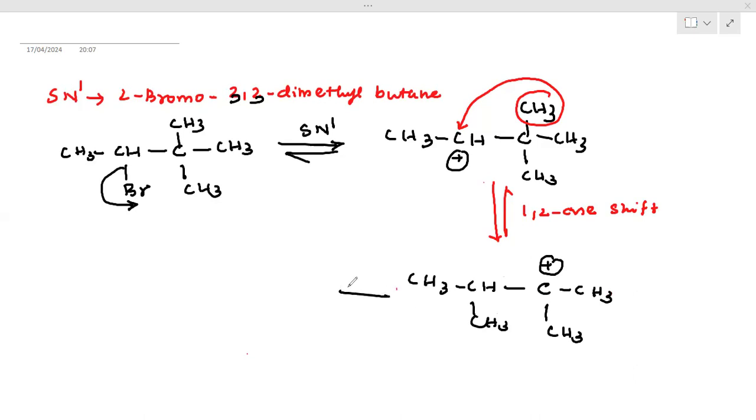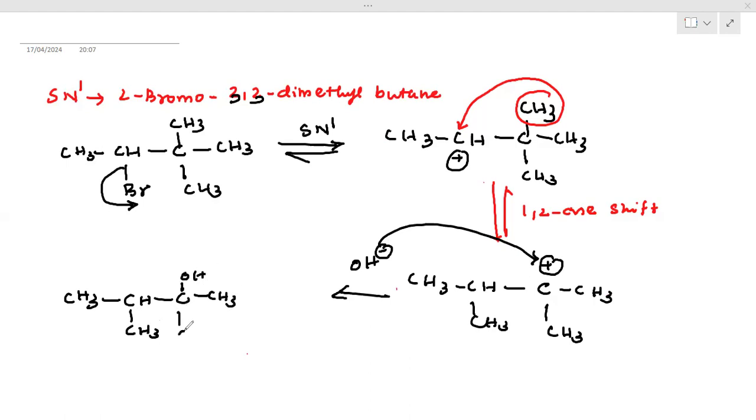Next, the nucleophile attacks at this cationic center and we will get the product as CH3, then OH attached here, OH, then CH3, then CH3. So this is our product. This is our product.